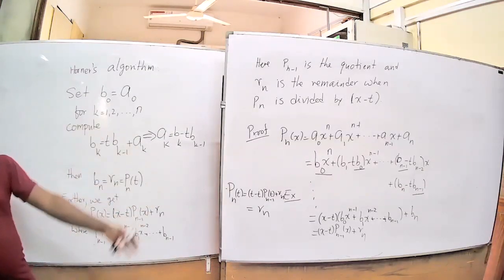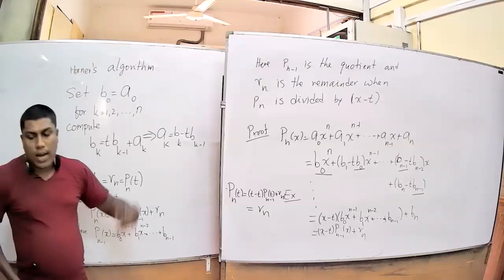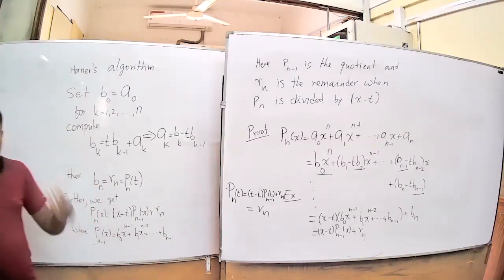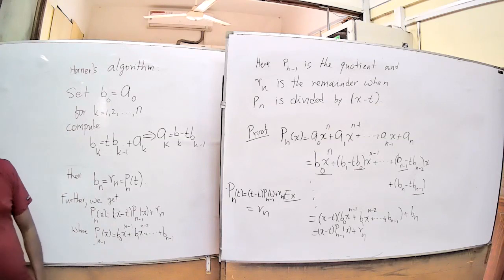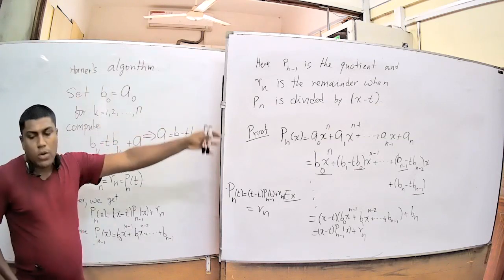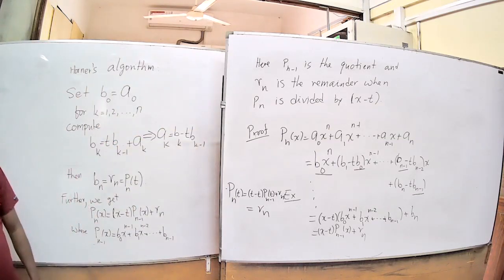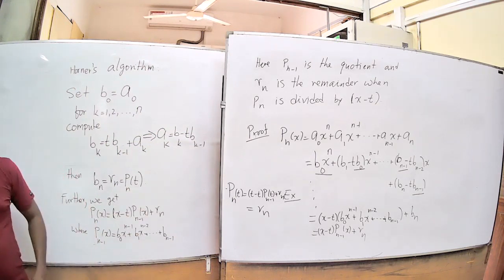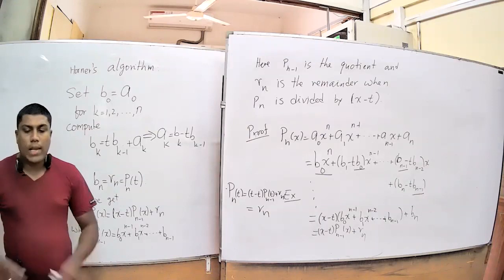One more time, I will get n minus 3 degree. In that way, I can apply it until I get a constant. So I continue applying Horner's algorithm again and again for the quotient polynomial until I get a constant value.